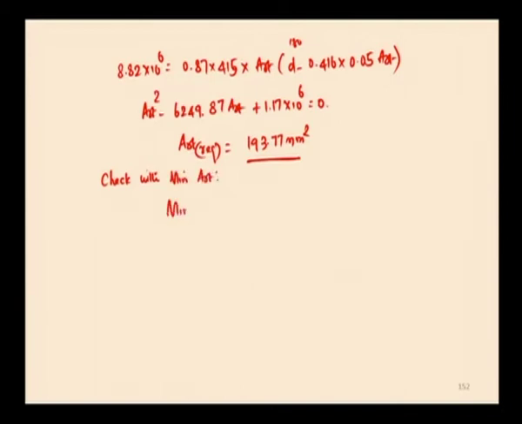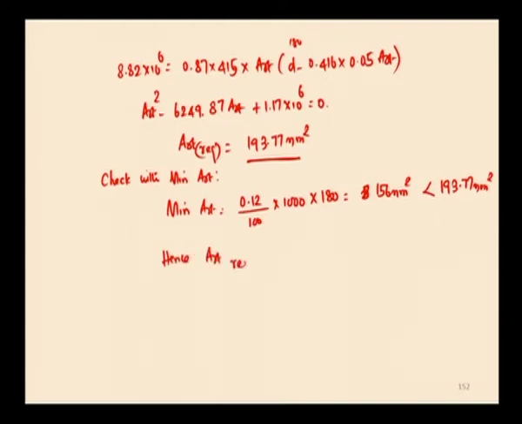Minimum Ast for the steel is 0.12 percentage of gross area of concrete, that is 0.12 into 180, which is equal to, sorry, 156 millimeter square, which is less than 193.77 millimeter square. Hence, Ast required is 193.77 millimeter square.